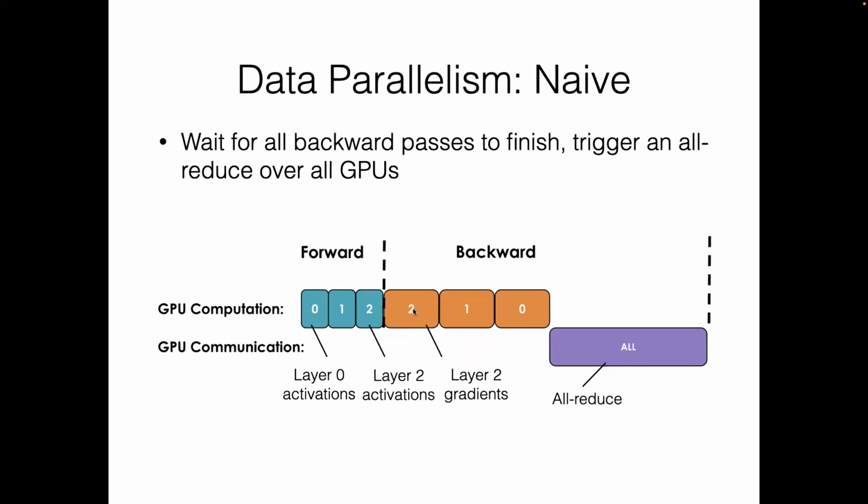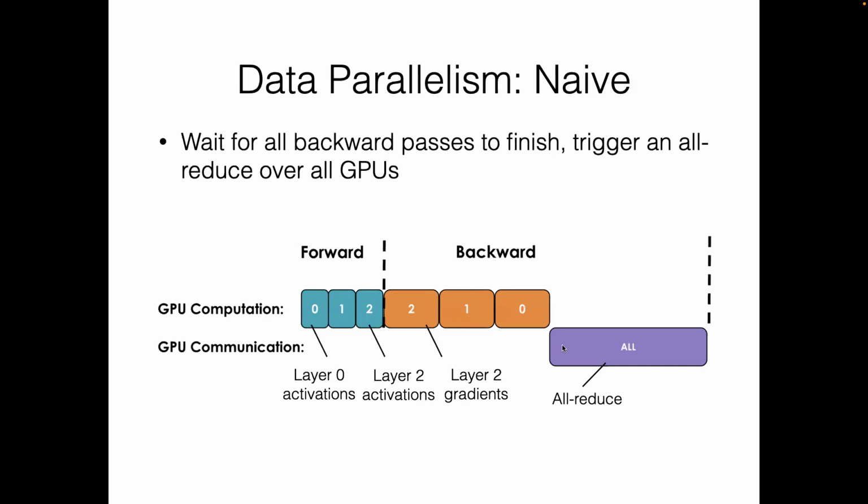Then you do the backward pass, and the backward pass goes backward through the model, right? So you have layer 2, layer 1, layer 0. Then after this has been performed, you do this communication I was talking about. So you take the gradients from the different GPUs, add them together, and divide.